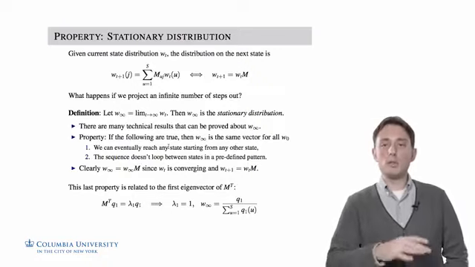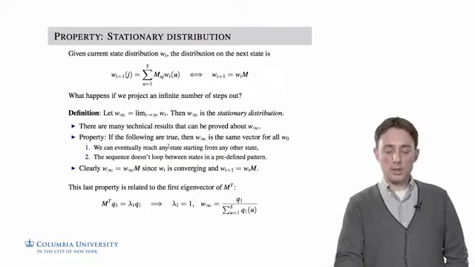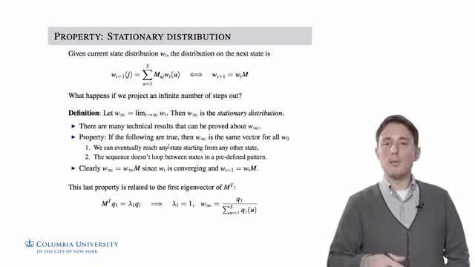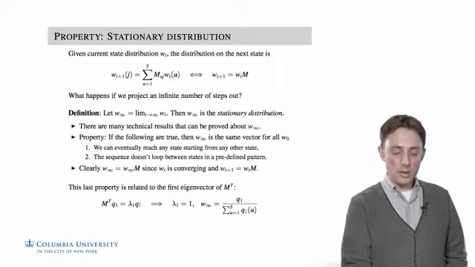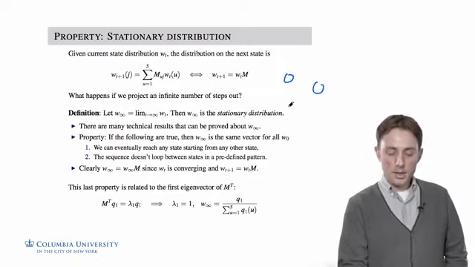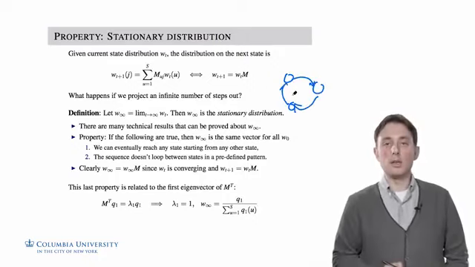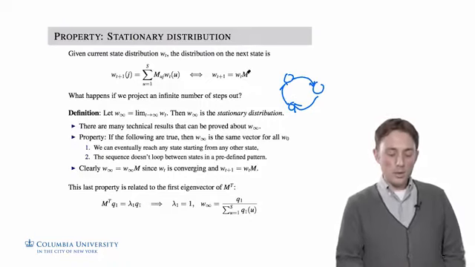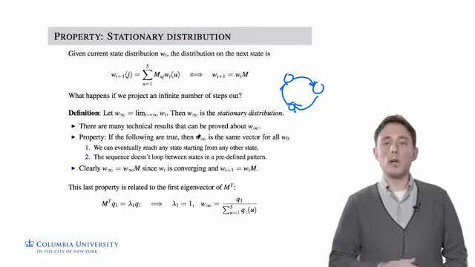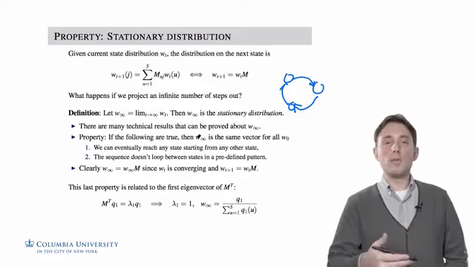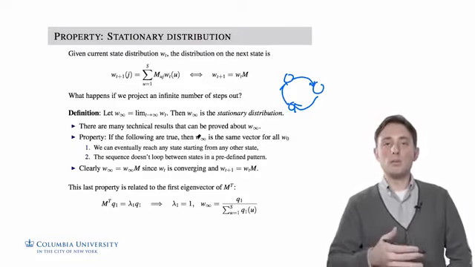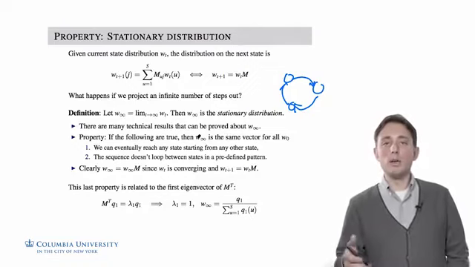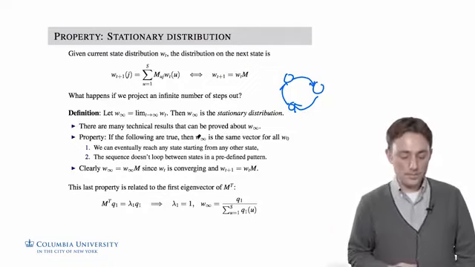For example, if I have 3 states like this, and I always transition between these 3 states in a deterministic loop, we can't have anything like that encoded in M. If those 2 conditions are true, then no matter where we start, we're going to converge to the same stationary distribution. We're going to have the same level of belief of where we're going to be an infinite number of steps from now, no matter where we start.